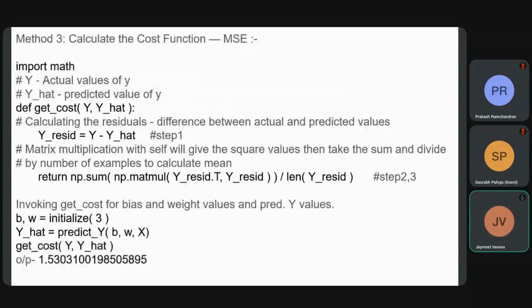So translating this logic into the code, we will be defining a function called get cost. It will be taking the actual values of y and the predicted values of y, denoted by y hat, and we'll be storing the difference in the y residual.